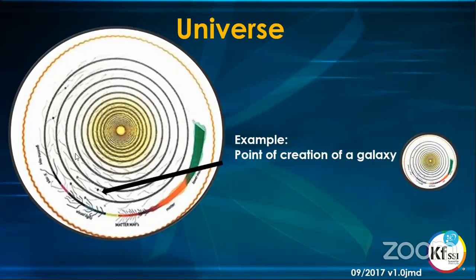Now, to understand it a bit further as to how we fit into all of it, if we take a look at the universe, at that particular point, we have a creation of a galaxy. Now, that galaxy is also a plasma and also has a spiral.